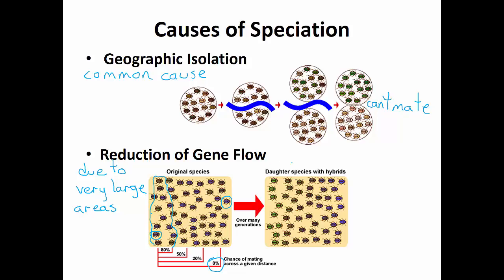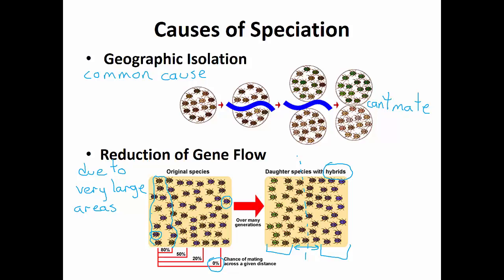So the result would be you would have these hybrids. The population over here may eventually turn purple, the population over here may eventually turn green, and the population in the middle would be sort of the hybrid between them. Eventually, you could end up with that splitting into two species because of the reduction of gene flow.